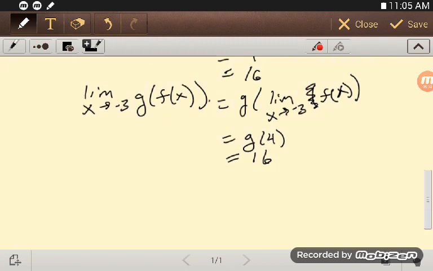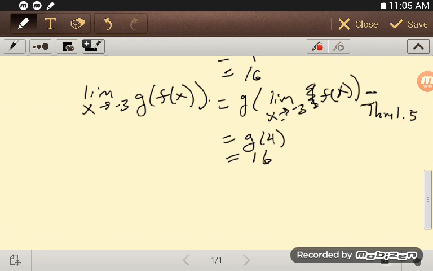But here, to use that theorem, we used theorem 1.5 to bring that limit inside the g function.